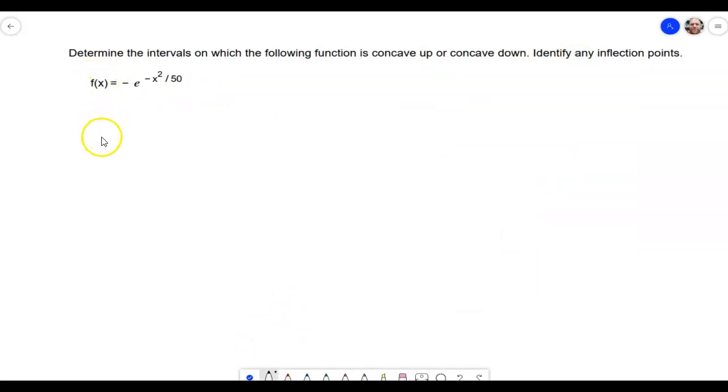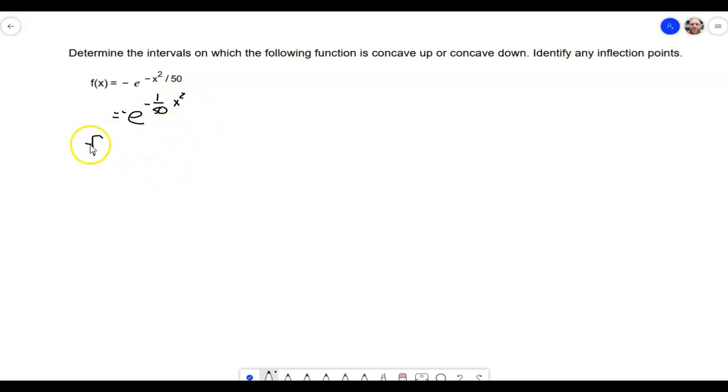So I'm going to rewrite this as negative e to the -1 over 50 x squared. It just makes it a little bit easier for me when I apply the power rule and chain rule and all that good stuff.